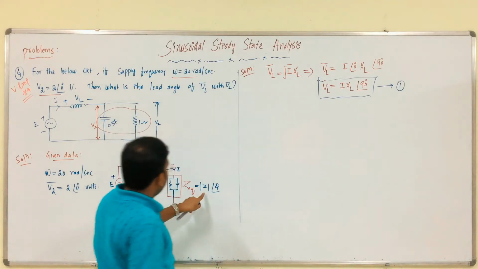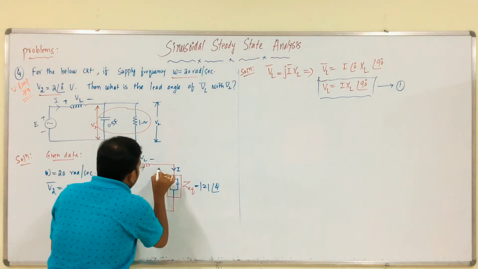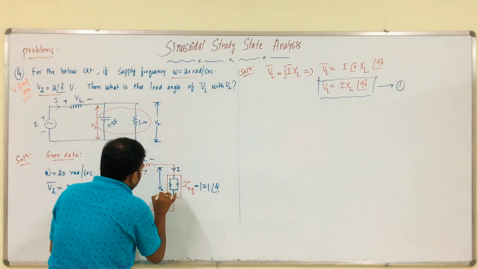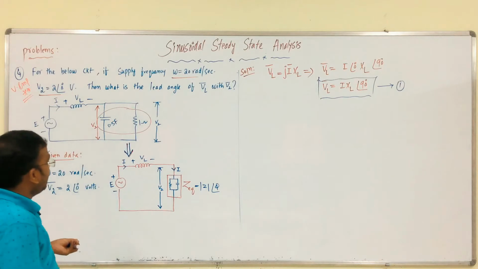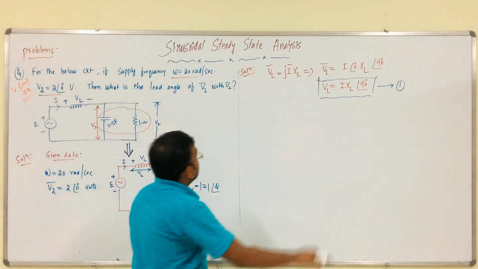Next, we have Z equivalent, meaning across this we have V2. Now, it is clear. This is VL, this is V2.